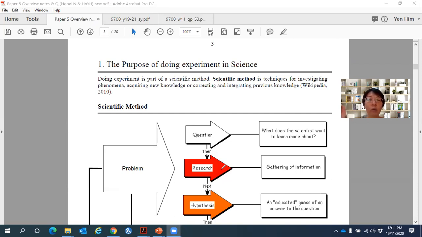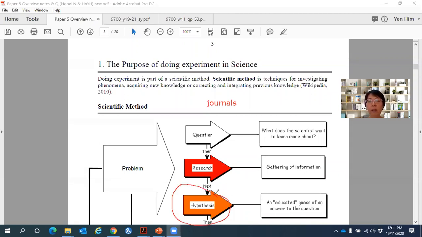That means you read through all the journals which record past scientists' experiments, to find out whether they have actually done any experiments pertaining to the questions that you have. Okay, so after you have done the research, you find out there are some related experiments, but there is no experiment that relates to what exactly you want to know. Then you can conduct an experiment, okay? You can use the researched experiment and modify it to conduct your experiment.